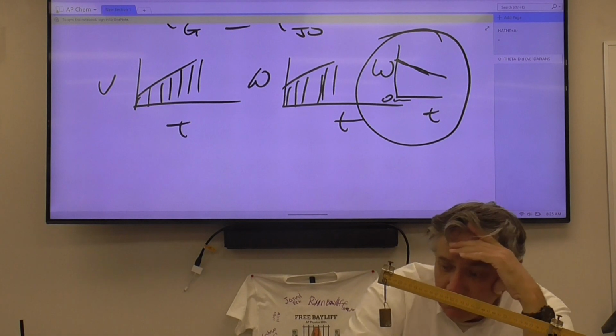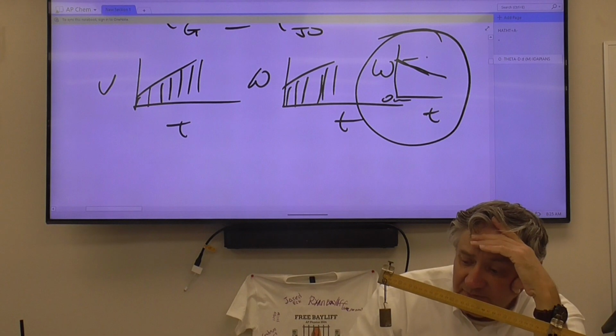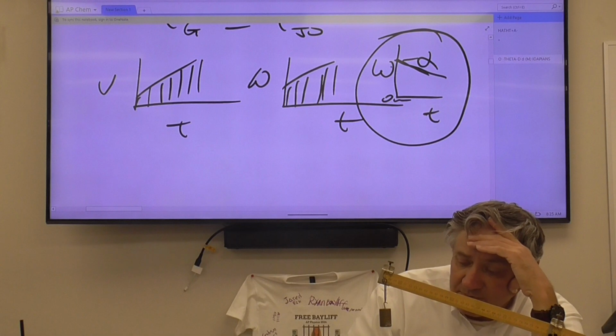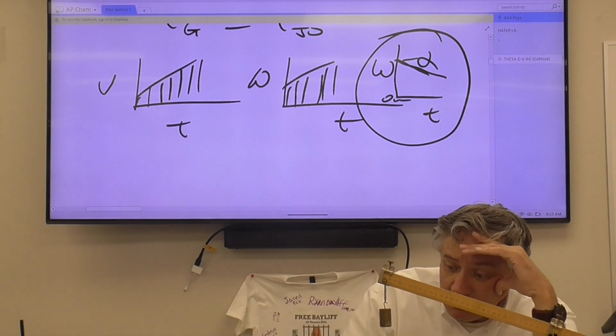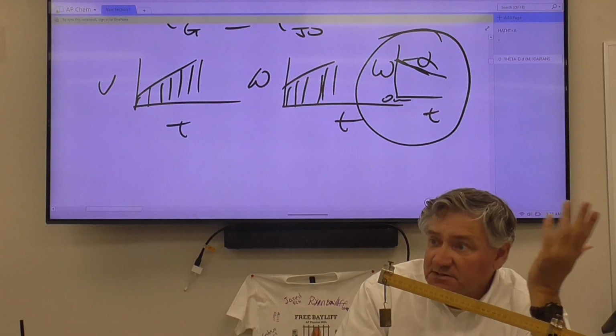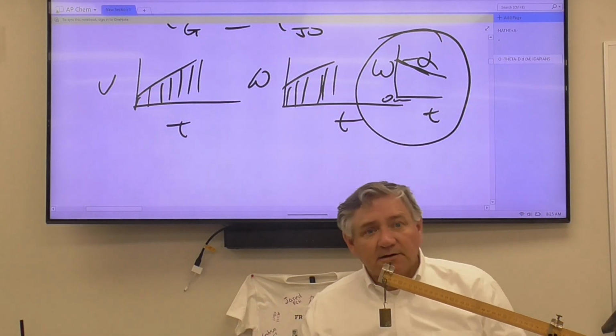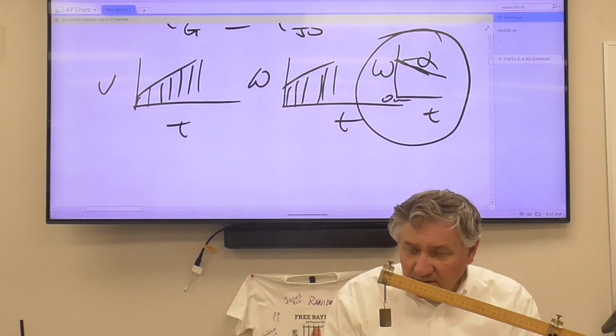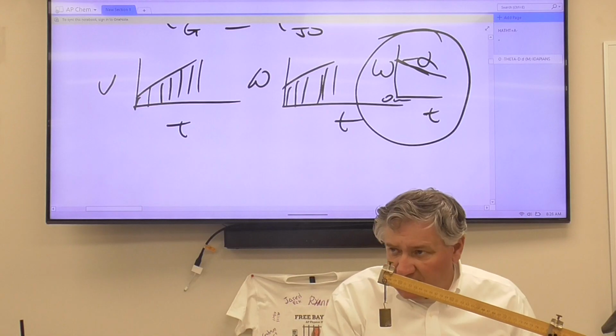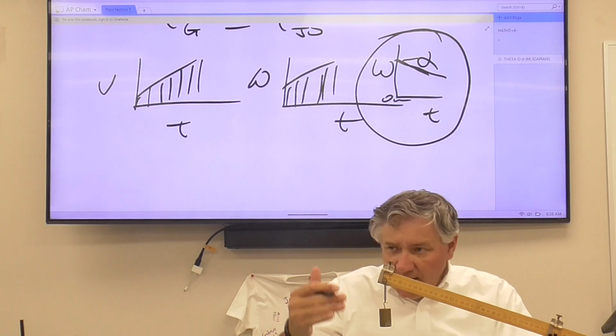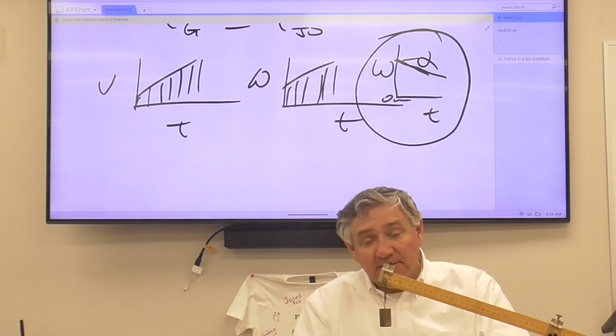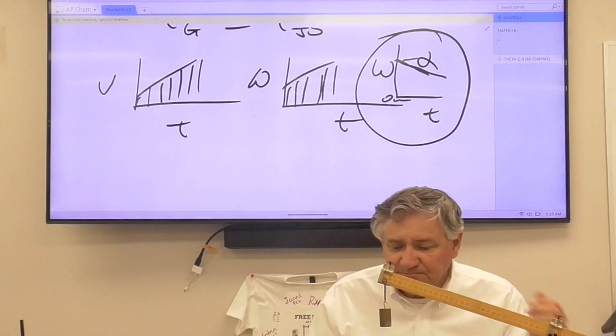Because you're going to have a negative alpha with a positive omega, and you're going to slow down. You're approaching 0. It's just the same idea. So if your velocity and acceleration have the same sign, you speed up. If omega and alpha have the same sign, you speed up.